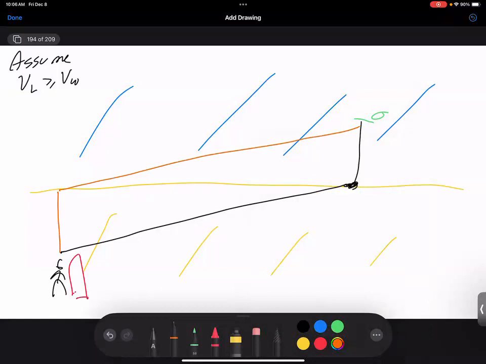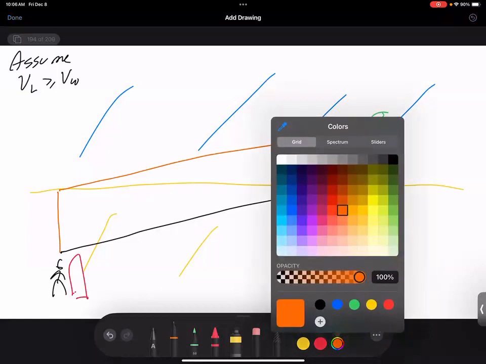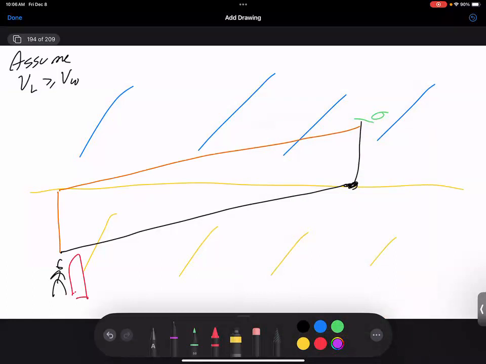There is a third family of possibilities. What's the third family of possibilities? Okay, that's a specific choice. Yeah, so for some point in between, I run to that point, and then once I get to that point, I then go at an angle to the swimmer.